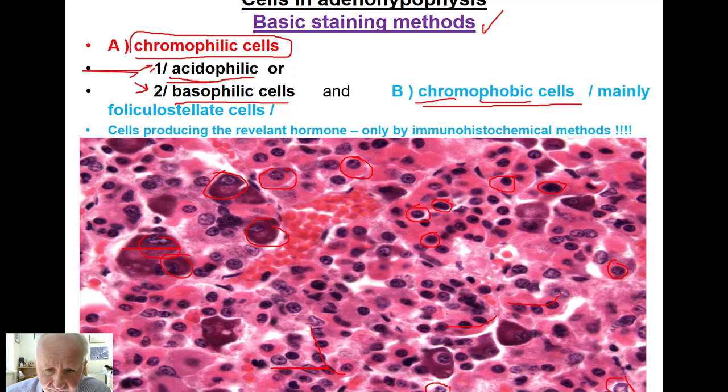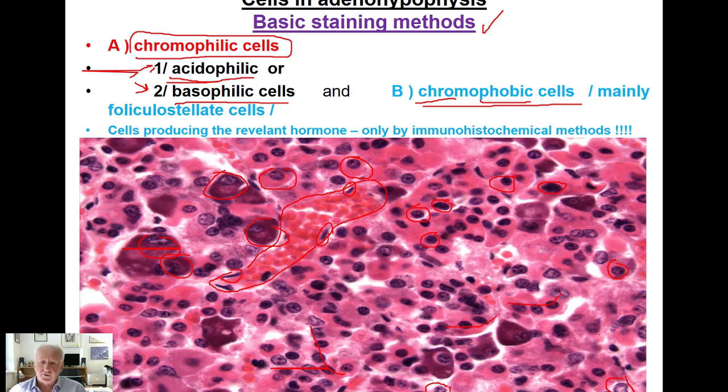Please, here is a nucleus of an endothelial cell, so you see a wall of a sinusoidal capillary on the section, and in the sinusoidal capillary we see accumulation of erythrocytes at this moment. So this is such a basic staining method, hematoxylin eosin, on this picture, and we can distinguish nicely those chromophilic and chromophobic cells, and chromophilic cells we can distinguish into acidophilic or basophilic cells.